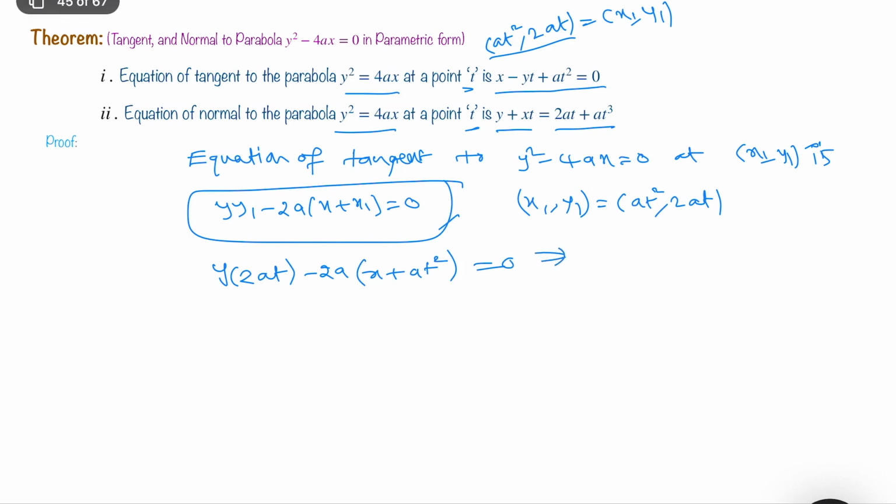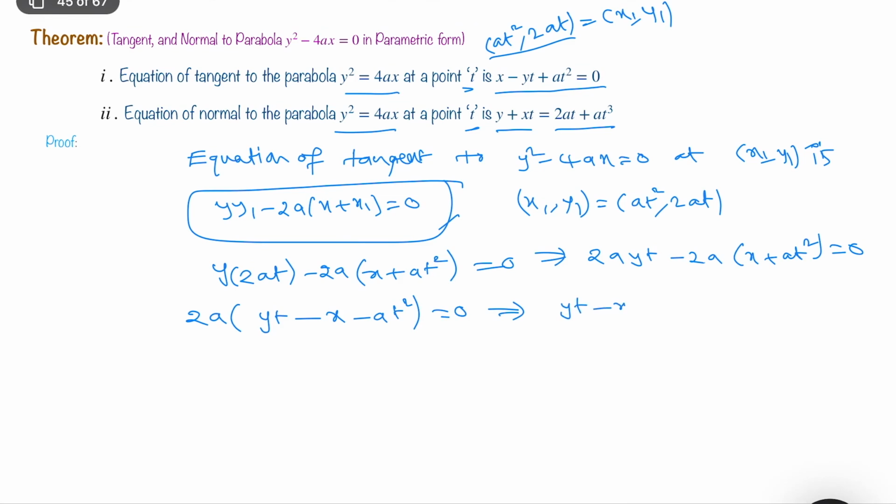Now you get 2a yt minus 2a times x plus at square equal to 0. If you take 2a common, then you have yt minus x minus at square equal to 0, since a is non-zero.